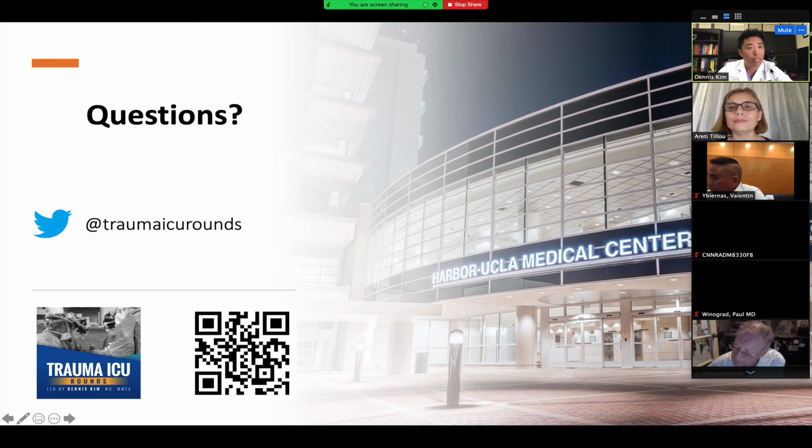Every time another end organ goes down, the risk of mortality increases, to the point where if someone's got 5 or 6 out of 6 organs down, especially depending on their age and pre-existing comorbidities, that's going to have a significant impact on their survival.